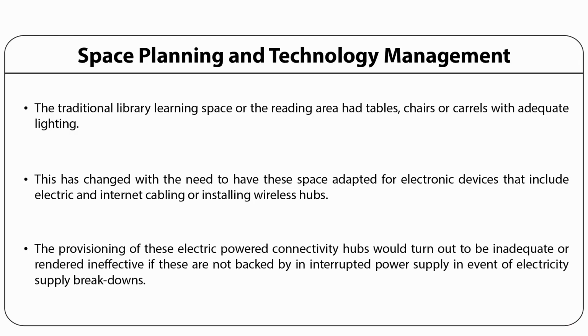The provisioning of these electric powered connectivity hubs would turn out to be inadequate or rendered ineffective if these are not backed by uninterrupted power supply in the event of electricity supply breakdowns. So, in addition to the core technologies, space needs to be planned for systems such as uninterrupted power supply. So, when you talk about technology management today, space management is also a key factor that one needs to consider.